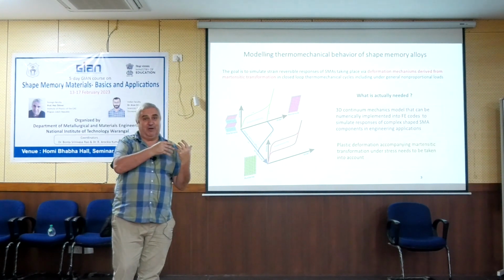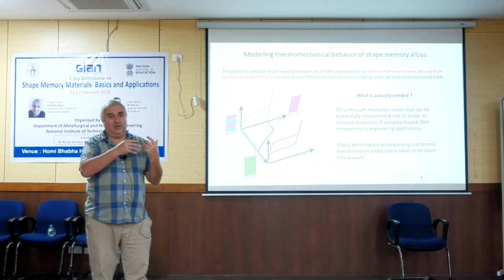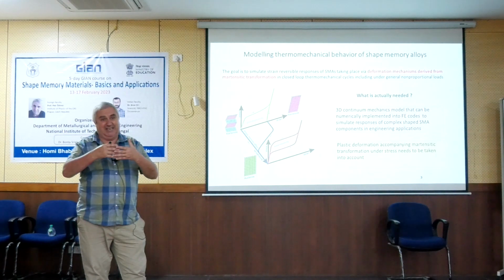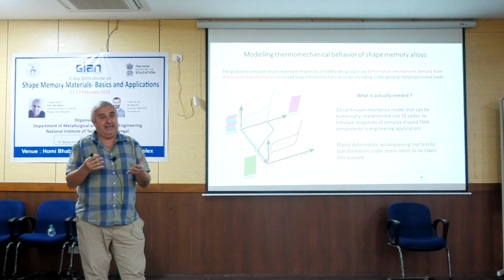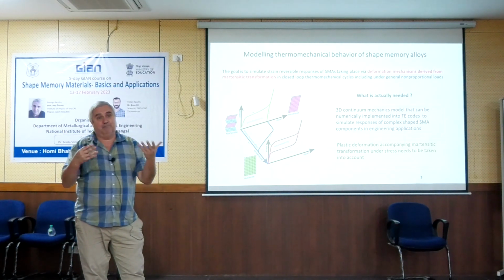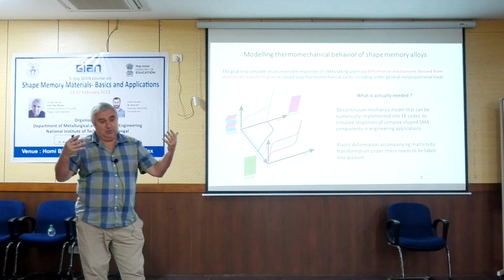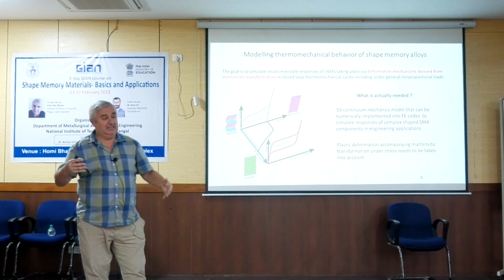But in shape memory alloy, as I have shown, the part of the crystal which transforms to martensite is the one which deforms plastically. So we don't really have TRIP. You cannot take the TRIP equations directly and put them into the shape memory model because the mechanisms are very different, even though both are about simultaneous transformation and plasticity.